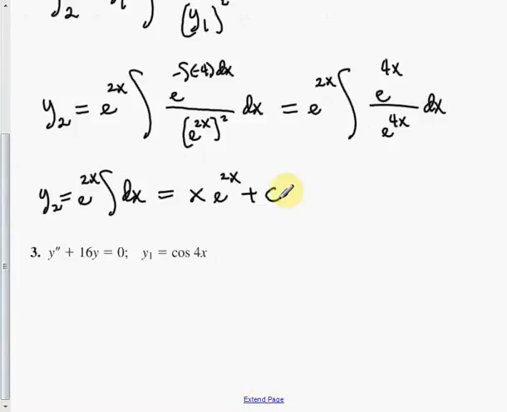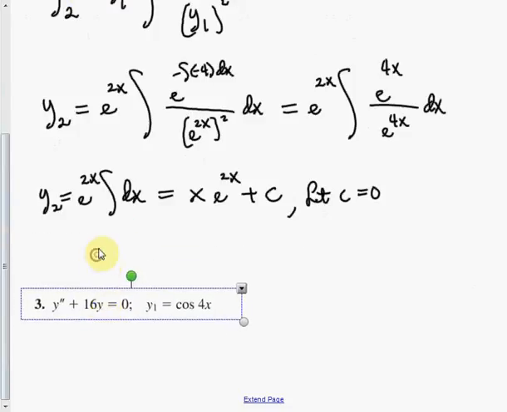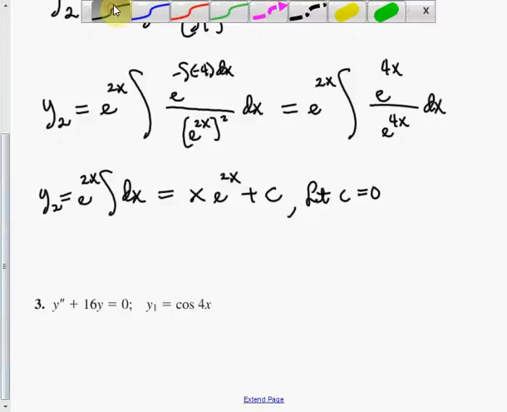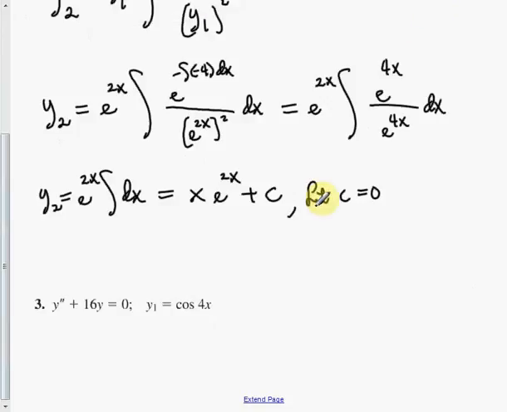Let the constant c equal 0. So y sub 2 is equal to x times e to the 2x.